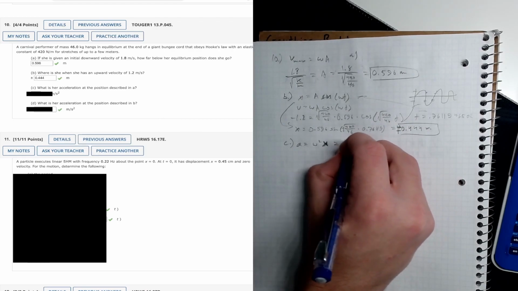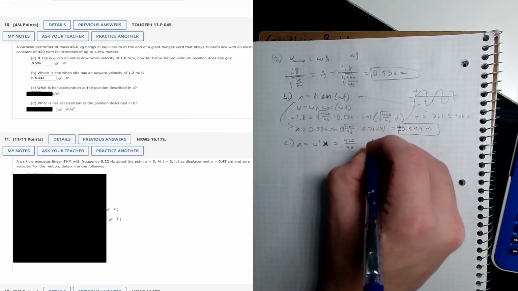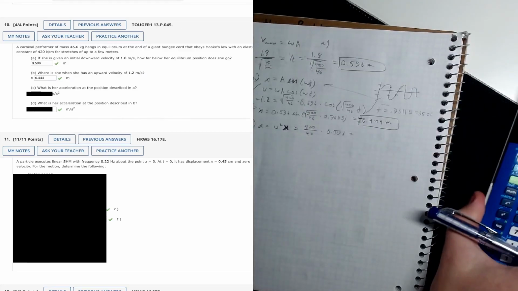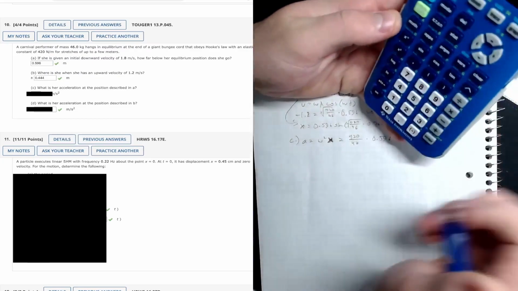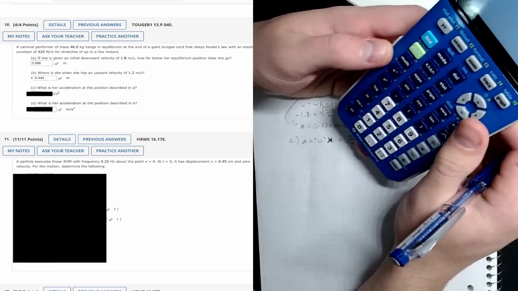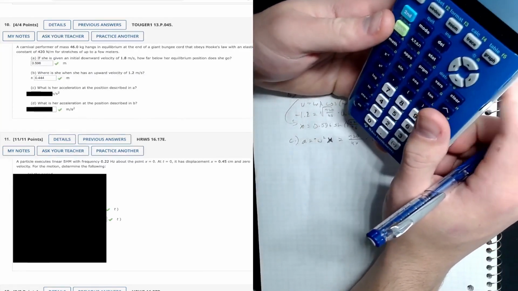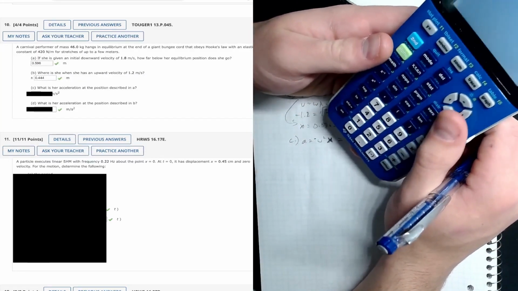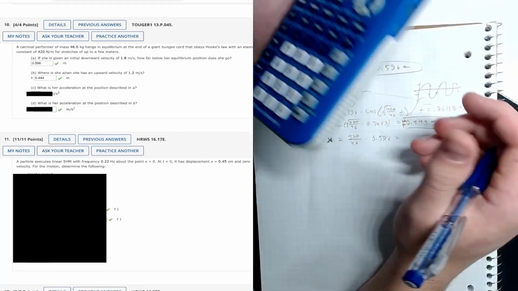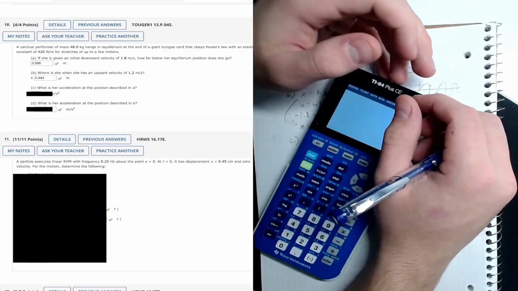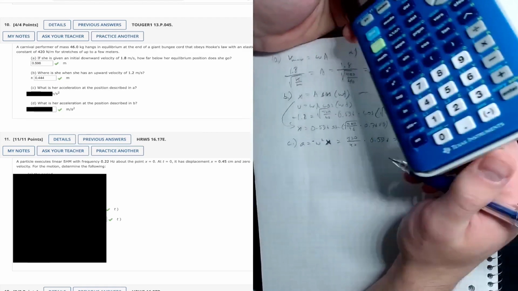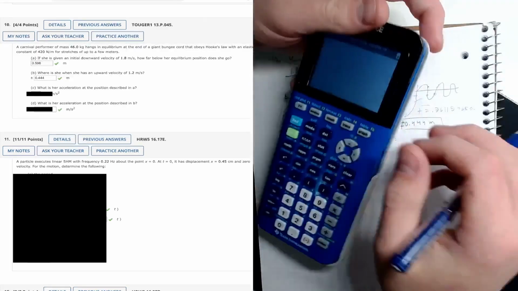It's going to be 420 over 46 times 0.596 equals... Well, technically it would be negative this, but... I don't actually know why it's not negative, but it is what it is. Oh wait, no, yeah, it's because it's at that set point. It is going to be positive. That makes sense.